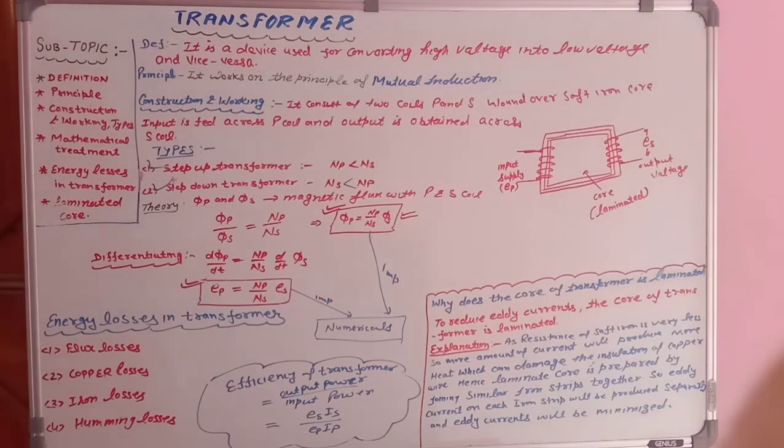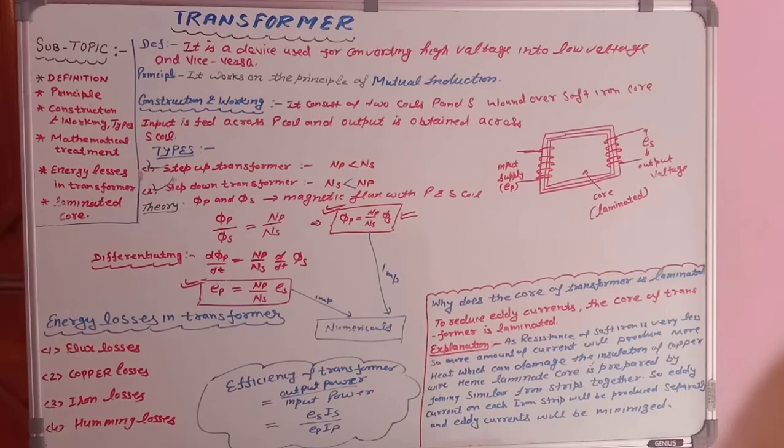Efficiency. So here it is output power upon input power. Power, as I told you, we also did in AC circuit. It is the product of voltage and current. So secondary output means secondary turns, so ESIS upon EPIP. So this is the efficiency of transformer.